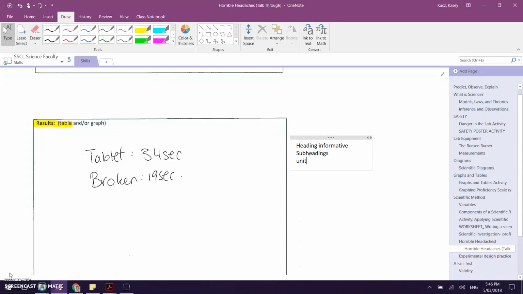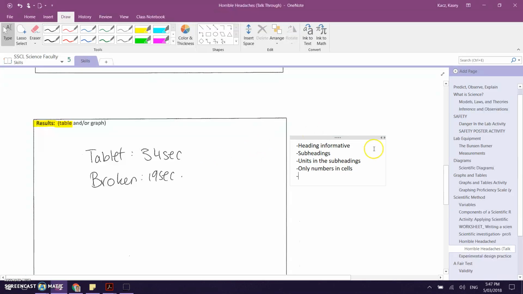It has units in the subheadings and not in the individual cells. So in the individual cells of your table, only numbers should be included. There's no point writing degrees Celsius 30 different times when you can just write it in the subheading and save yourself some time.